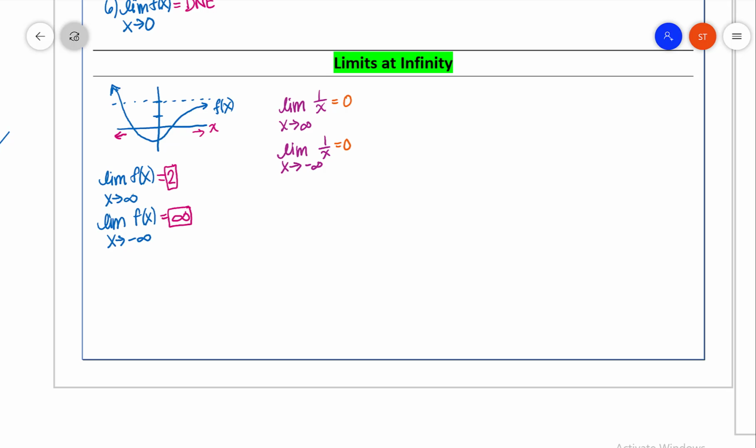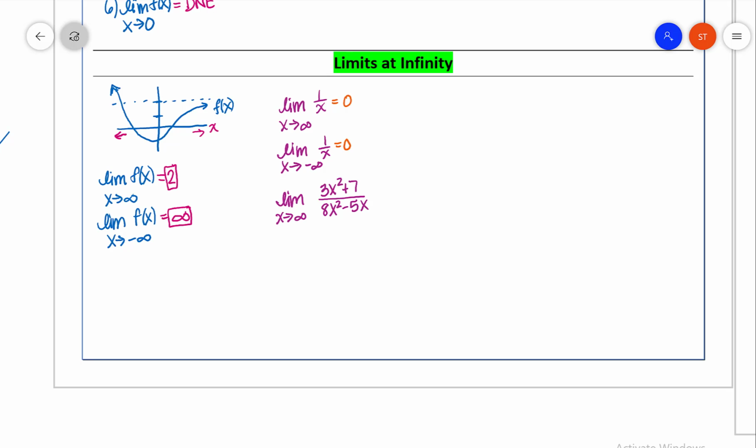So let's do one more of these. Suppose that we have a limit of 3x squared plus 7 over 8x squared minus 5x, and we're taking this as x approaches infinity. If you remember from the notes, we want to divide all of the fractions by the highest power of x in the denominator.